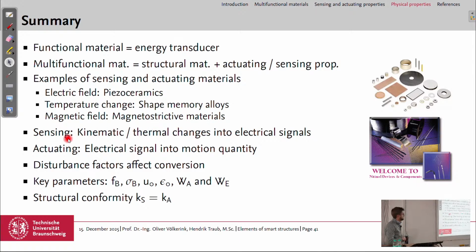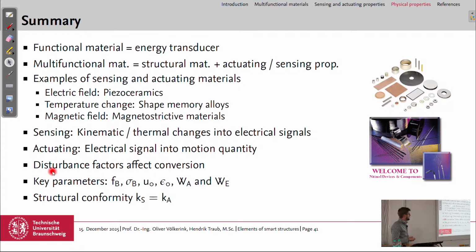When we use them for sensing, we try to convert changes in kinematics or thermal changes into electrical signals. And for actuating, the other way around, we have electric control signals which we want to convert into motion quantities.